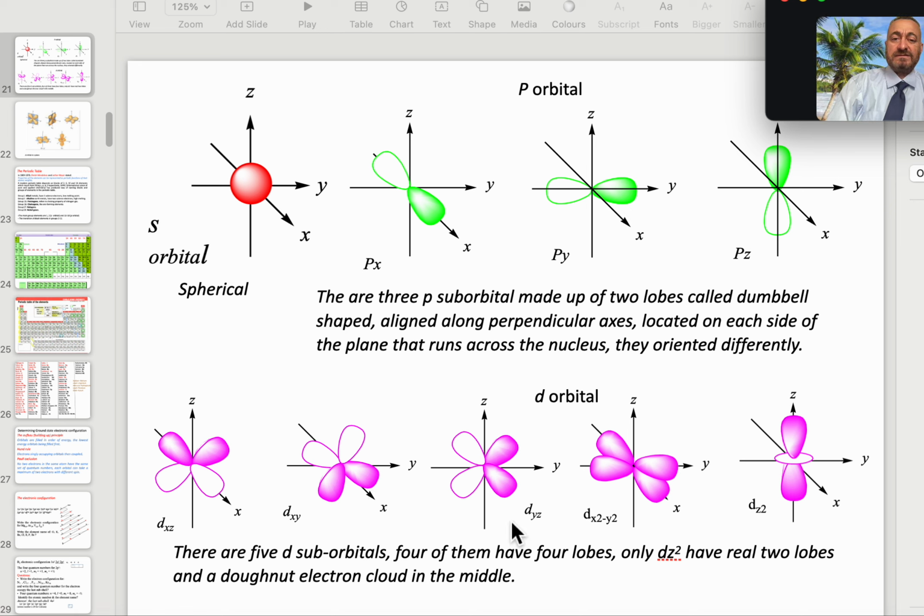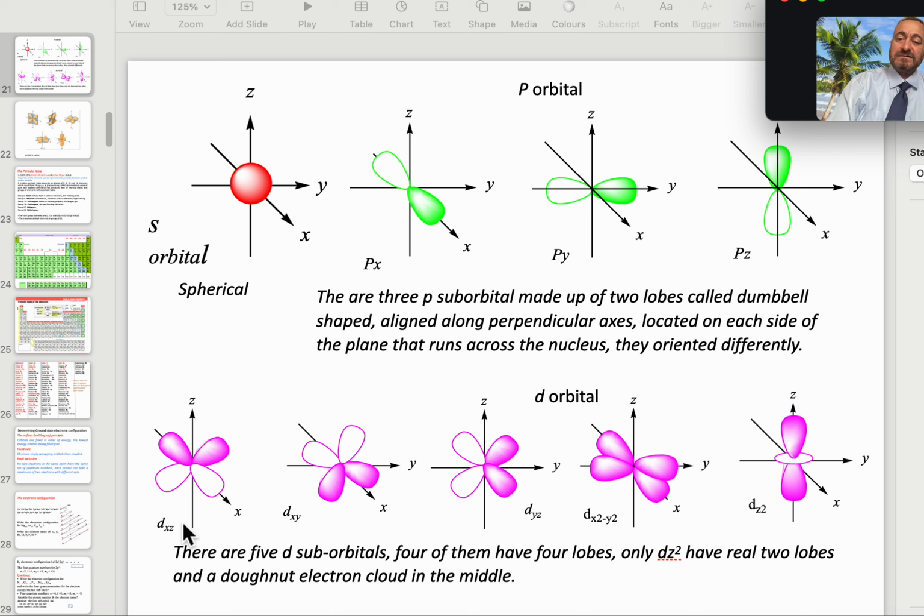dyz, it means it's between the y and z. And we have dx square y square. It's not minus, but we pronounce it as dx square y square. So they are perpendicularly aligned, 2 of them on the x, 2 of them on the y. So we call them dx square, it means they are on the x square.